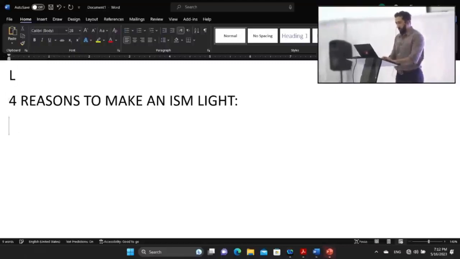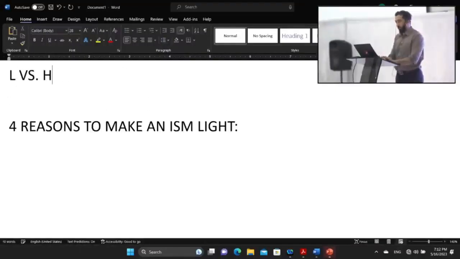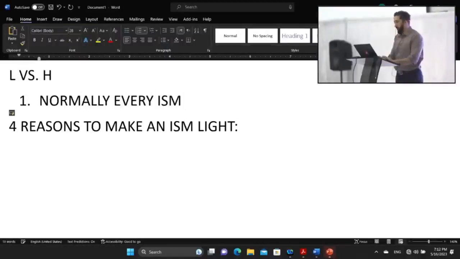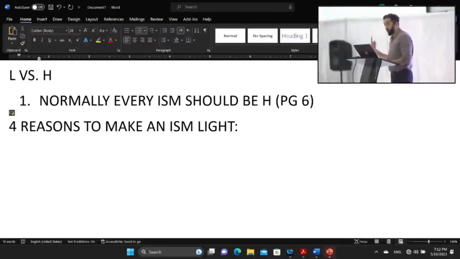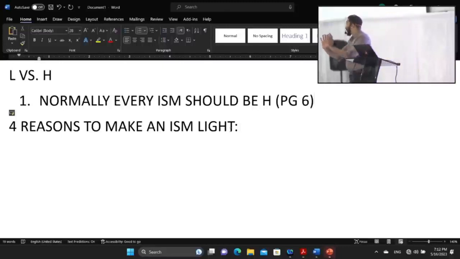What are some things we know about light versus heavy? Number 1, normally, every ism should be heavy, which is page 6. This is why we memorize page 6. That is our standard for what a heavy ism looks like.